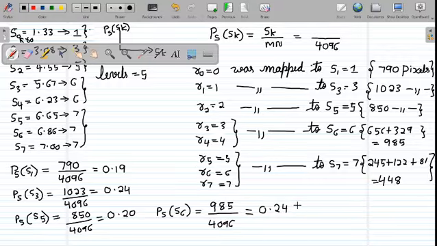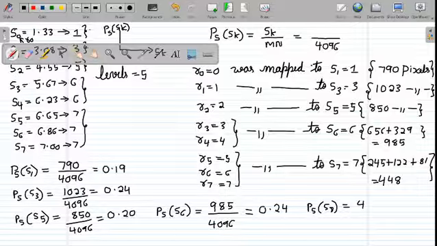Next, PS of S7. So that is 448 divided by 4096. So that would be 0.10.